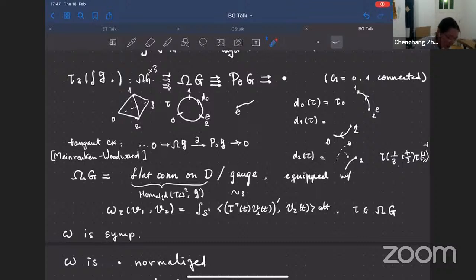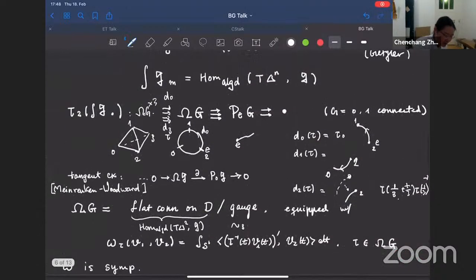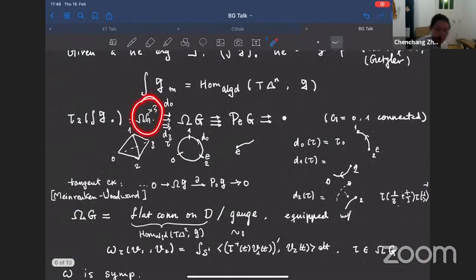And then you will have 4 face maps, D0, and so on, which face this tetrahedra in 4 faces, right? And then you need to verify that D0 omega minus D1 omega plus D2 omega minus D3 omega equals 0 on this new fiber product.